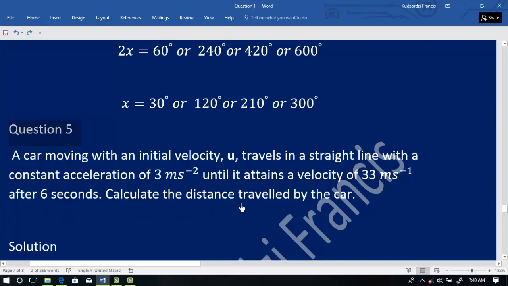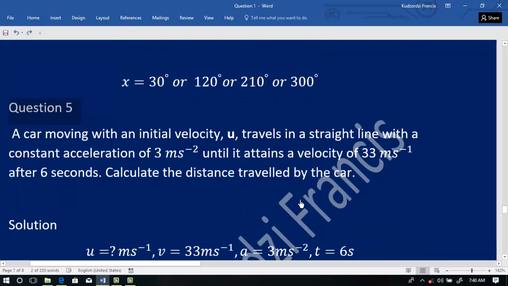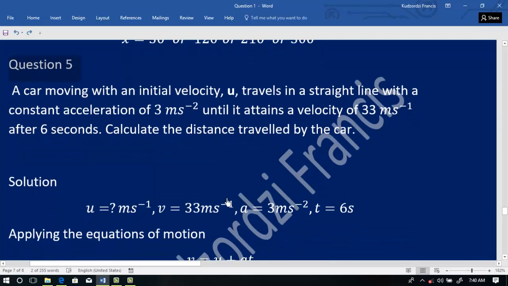Calculate the distance traveled by the car. So we have the following values. We don't know u, that's the initial velocity, and we know the final velocity, which is 33 meters per second. Then we know the acceleration, we know the time.